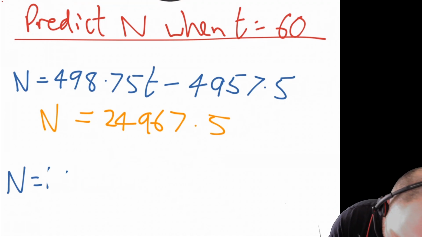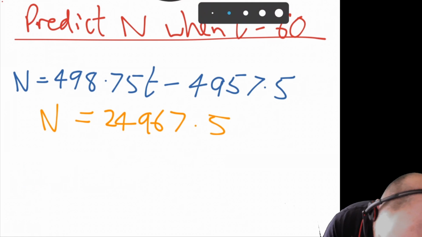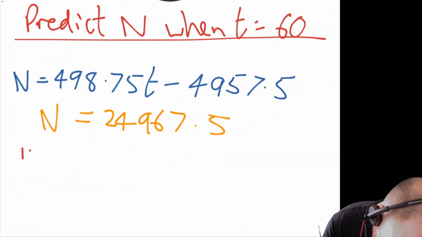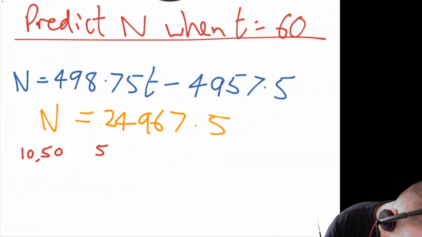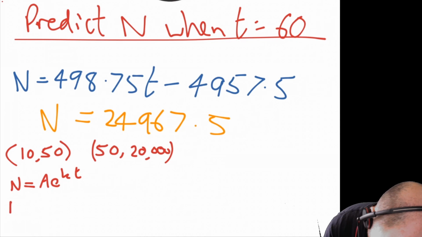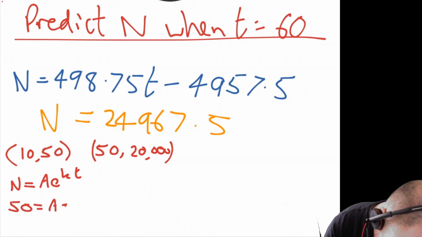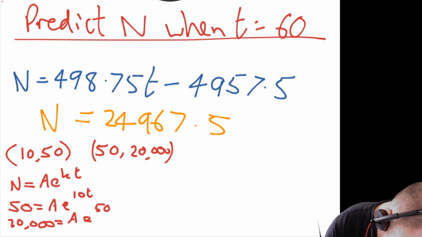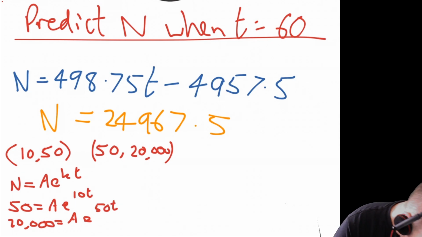Okay, I'm going to scrub this out and try and fix this. So what did I say? I said 10 days was 50 and 50 days was 20,000. Okay, real quick, let's solve this because I made a mistake. 50 equals... what did I do wrong?